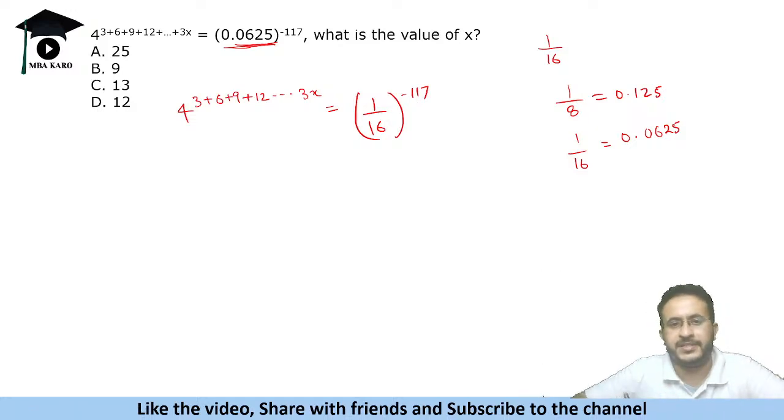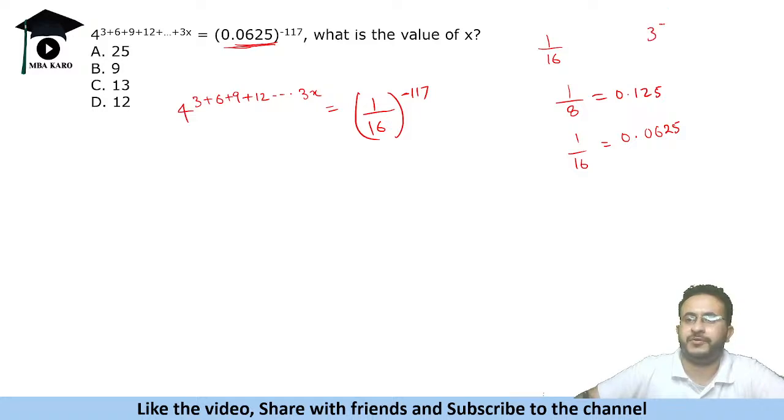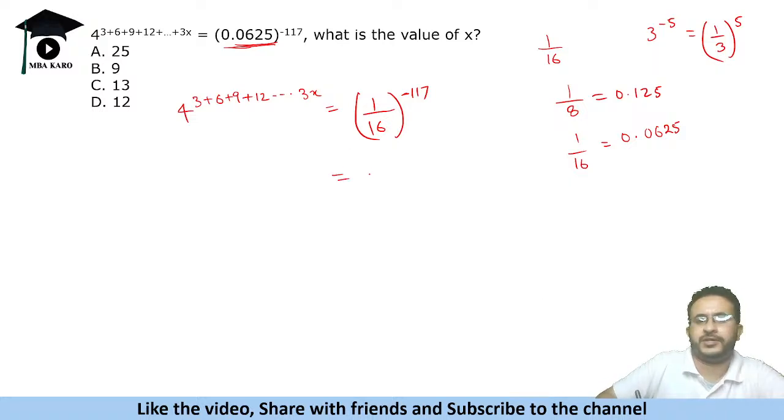Now what happens is, if you have negative power, नेगेटिव पावर का मतलब क्या होता है? उसके रेसिप्रोकल की पावर. सो इफ आई से 3 टू द पावर -5, इट मींस 1/3 टू द पावर 5. सो ये क्या बन जाएगा? दिस विल बिकम 16 की पावर 117. It becomes 4 का स्क्वायर की पावर 117, which is 4 की पावर 234.